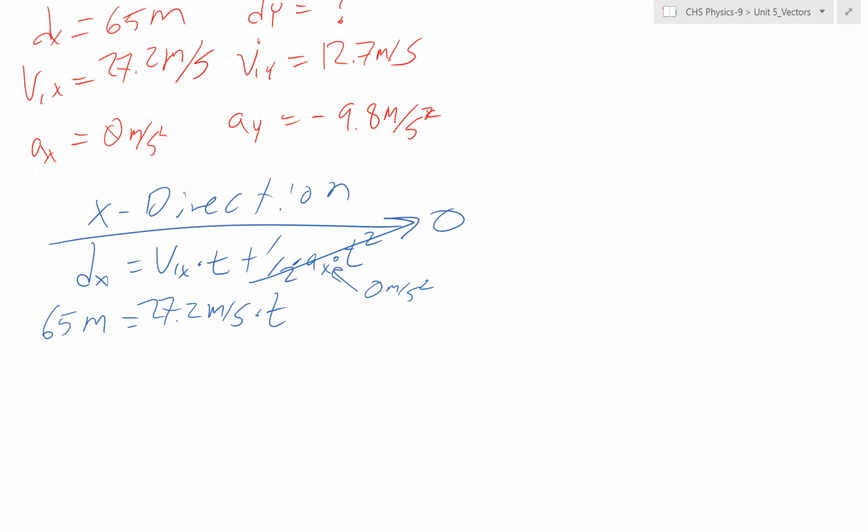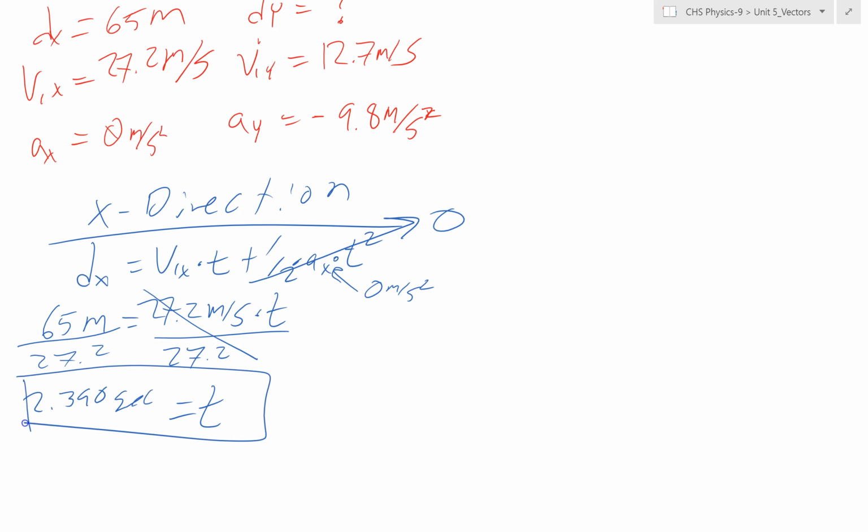That makes our lives way easier because now all that we have to do is divide both sides by 27.2 meters per second. Actually, I'm just going to drop that out. 27.2, this goes away. I'm left with t equals 2.39 seconds. 2.390 if you round. Seconds. And that's our time.